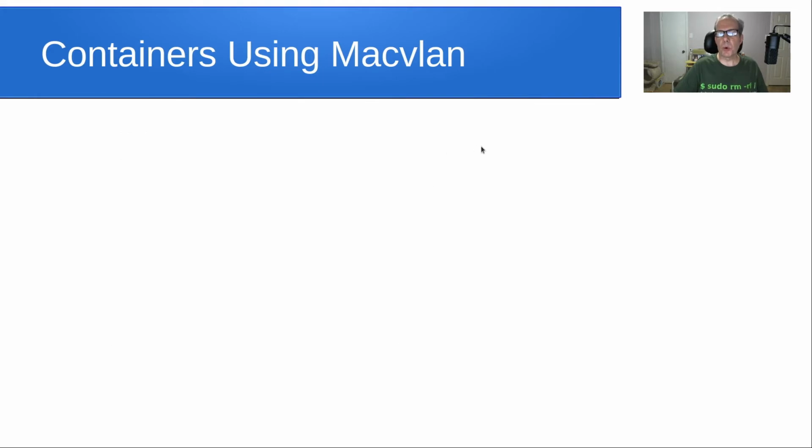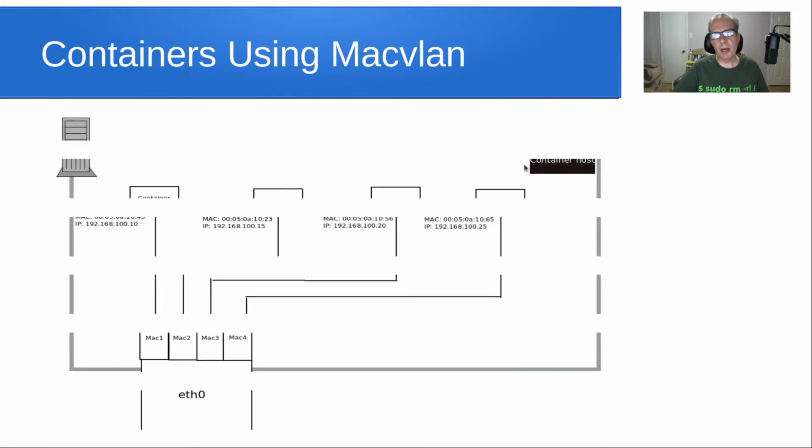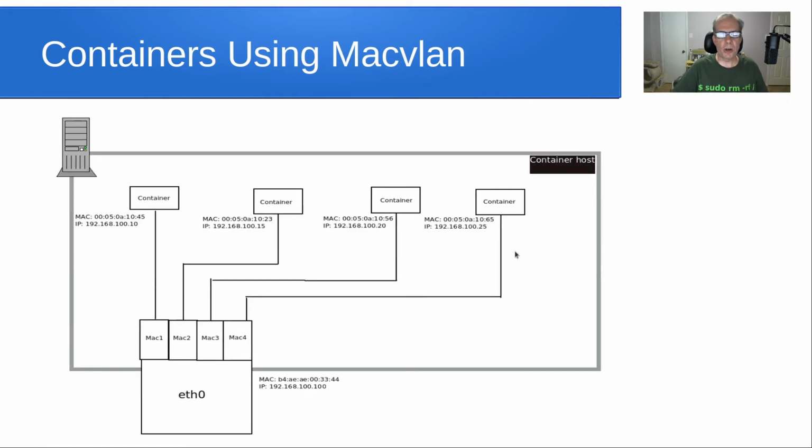Now, more interesting than bridged is MacVLAN, and I've covered MacVLAN in some of my other videos, but I wanted to revisit this and draw a picture because I thought this picture would be very meaningful. Here's your container host. It's this computer up here in gray, and we have this thick gray line, and everything inside this thick gray line is that container host.